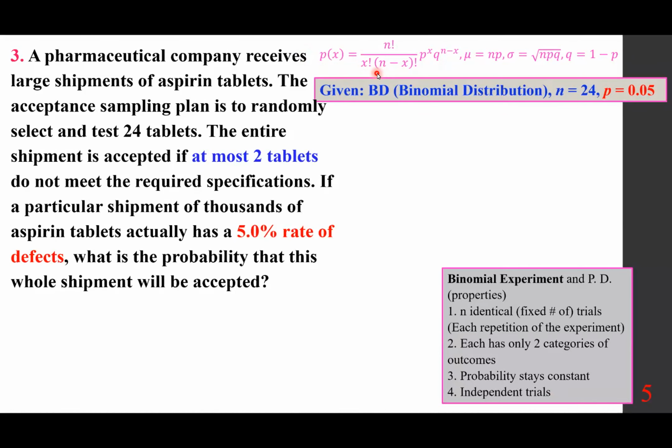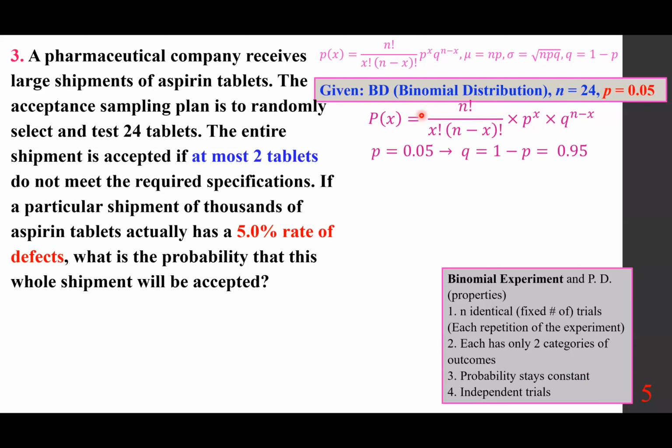So with that being the case, we are going to write this formula for this question. For this question, n is replaced with 24. For this question, p is 0.05. And for this question, q is 1 minus p, or 0.95.